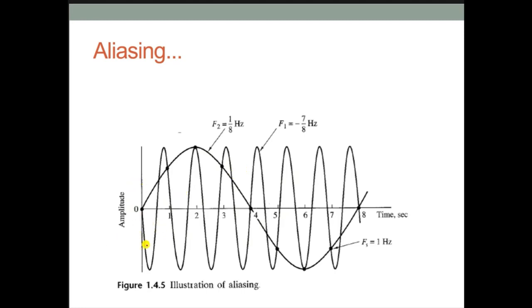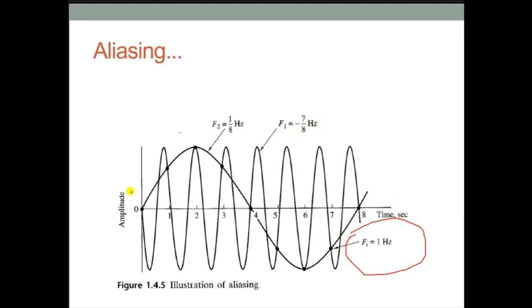When you have a signal that is sampled at 1 Hertz, you can see that for F2 at 1/8 Hertz, you get a slower, bigger cycle, and for F1 at 7/8 Hertz, you have a faster signal.